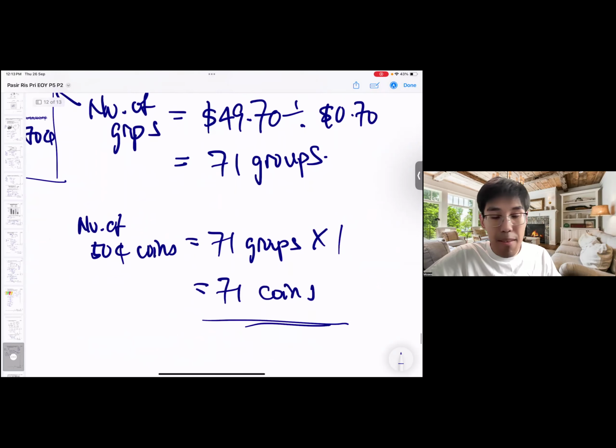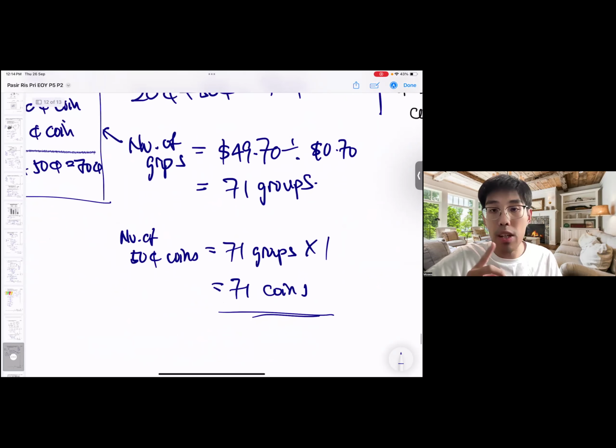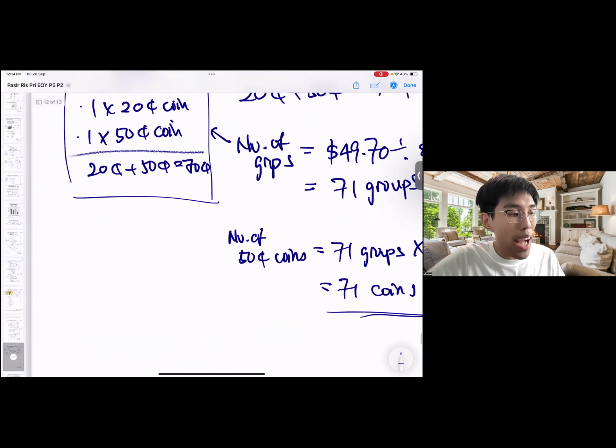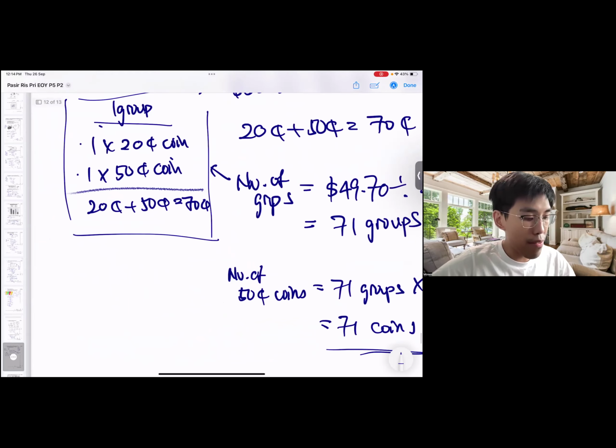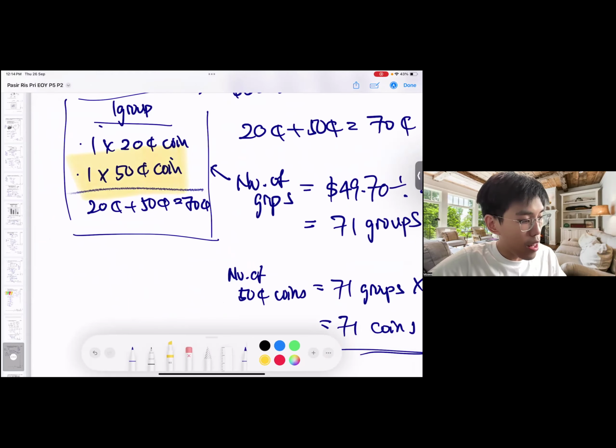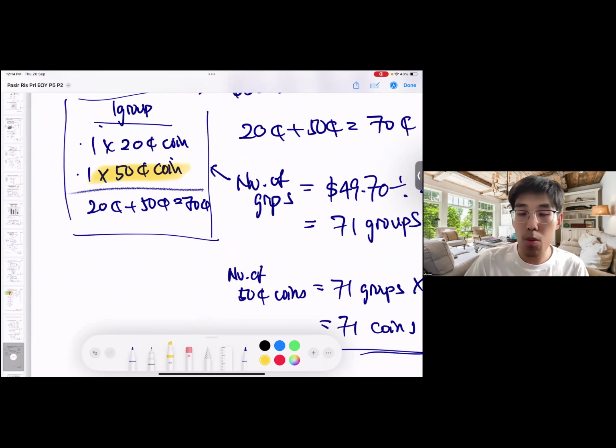Where does this 1 come from? It looks redundant, times 1 is the same number, but why is it important? Because it reinforces that in one group, there is one 50-cent coin. In other instances, there may be possibilities where one group has 2 times 50-cent coin, and different numbers.